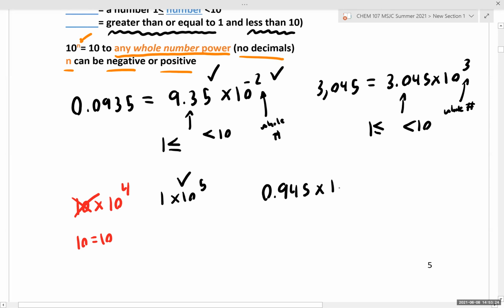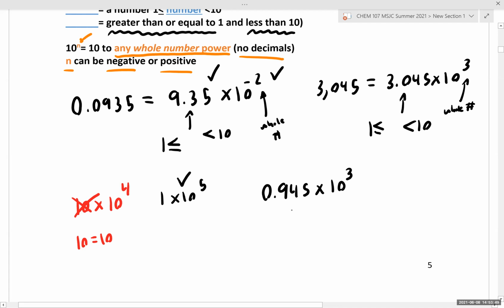0.945 times 10 to the third. Is this number reasonable in scientific notation? Is there a problem with this number? That number is not reasonable because it's less than 1.